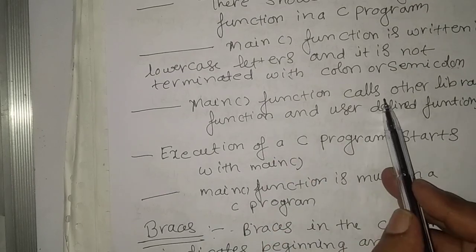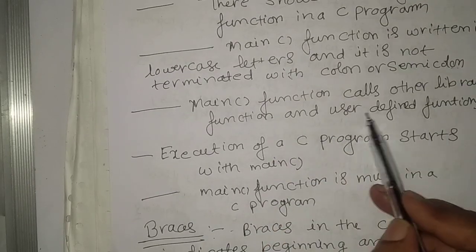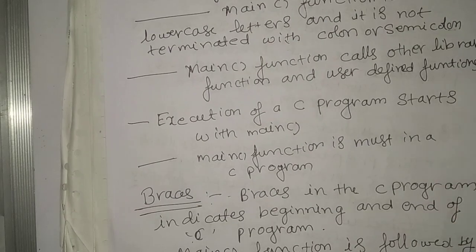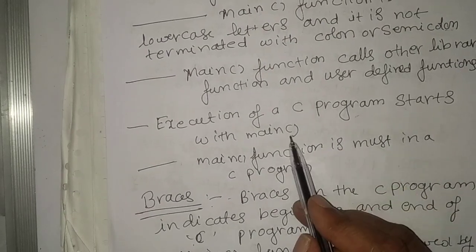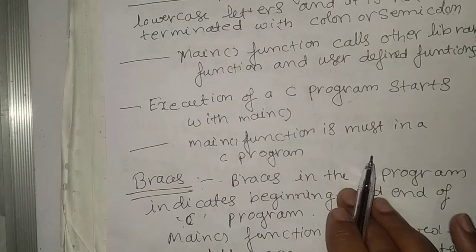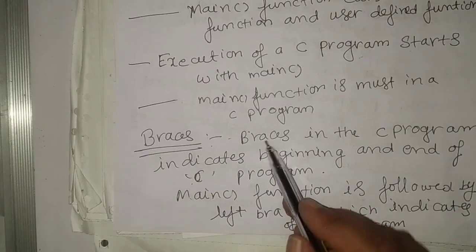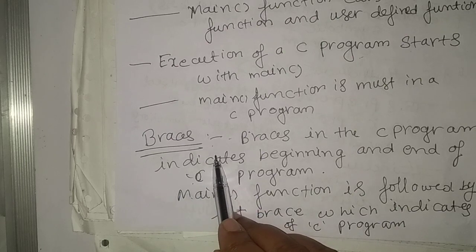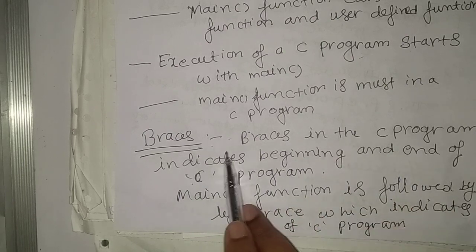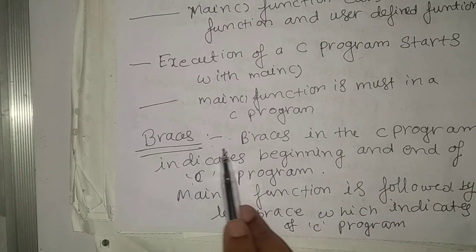Next, the main function calls other library functions and user defined functions. So execution of a C program starts with main. Without the main there is no C program. After the main, we start with the brackets. The braces, we can also say flower brackets or braces.